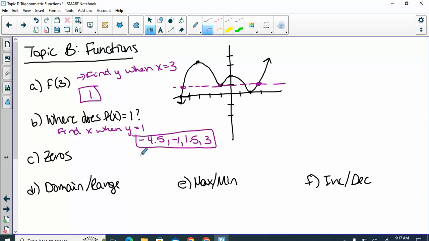Alright, zeros. What's a zero? It's an x-intercept. Where do you hit the x-axis? So that would be at -5 and +2.